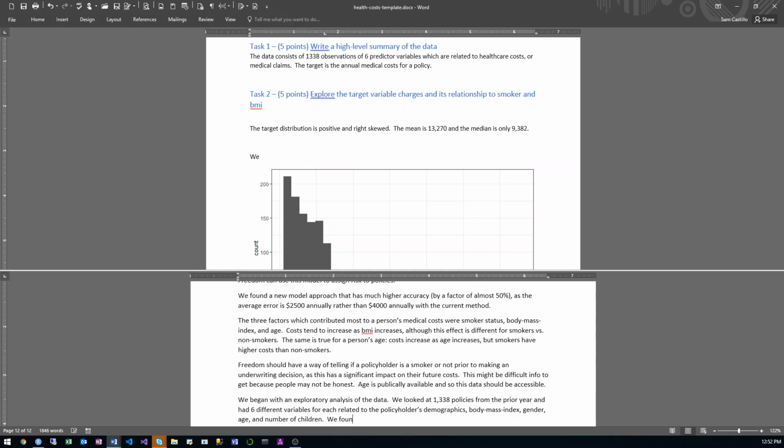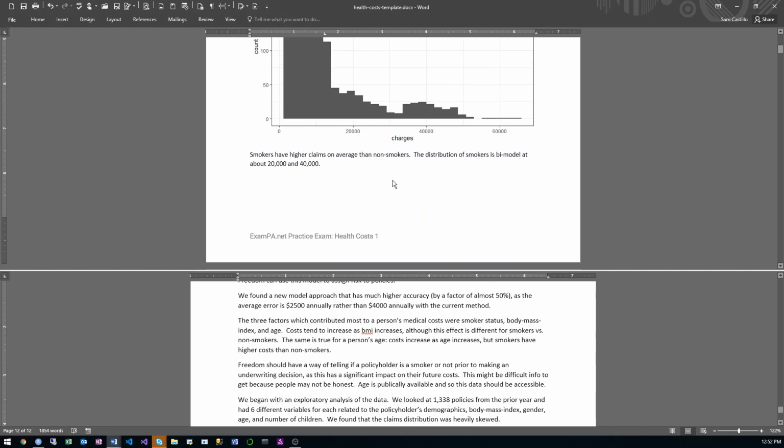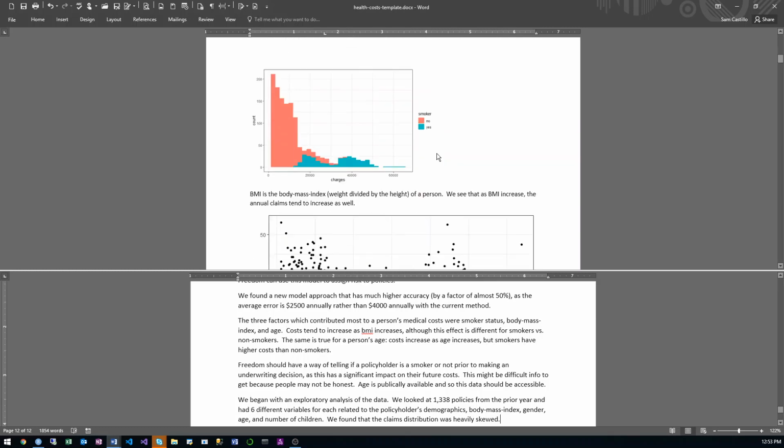We found that the claims distribution was heavily skewed. I don't need to narrate every single detail, just the important parts.